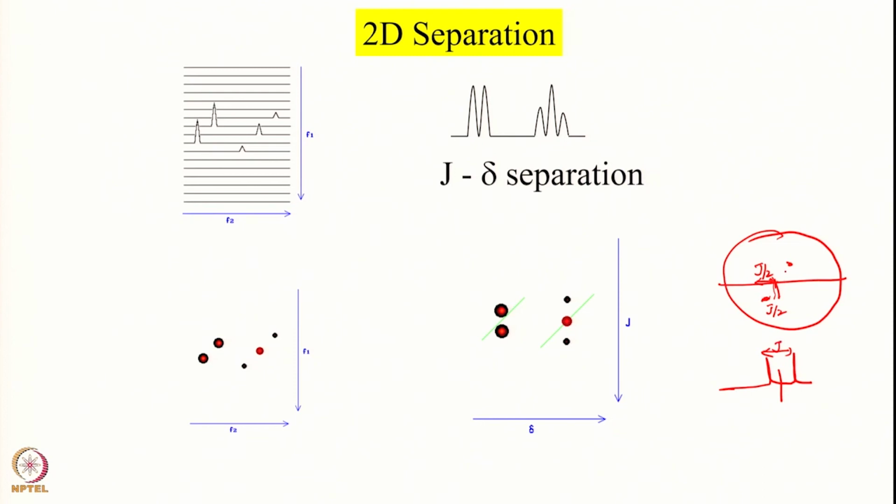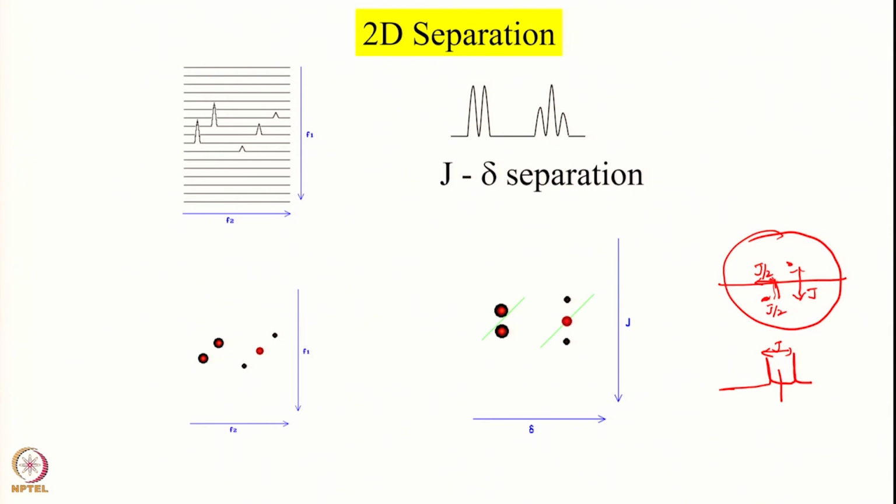Therefore, one of them goes up here, and the total from here to here is J. That is what is called the J separation. Along one axis I have the J information, along the other axis I have both J plus delta.